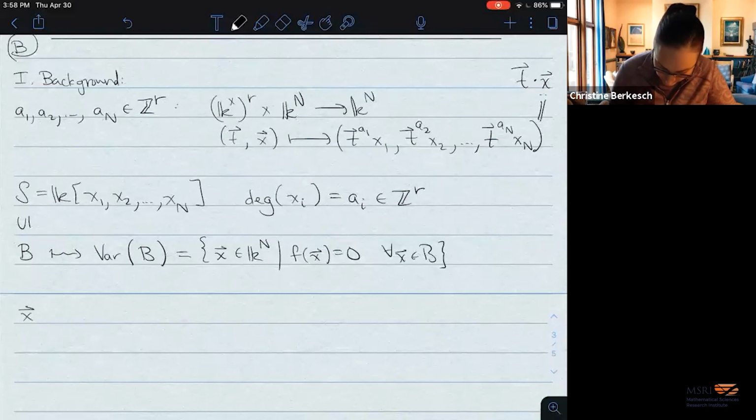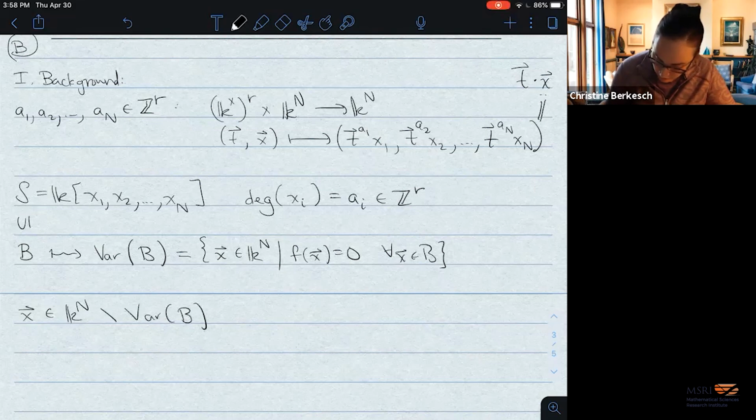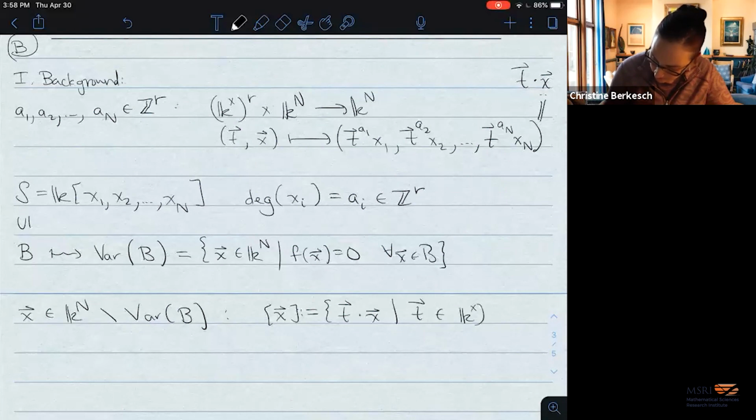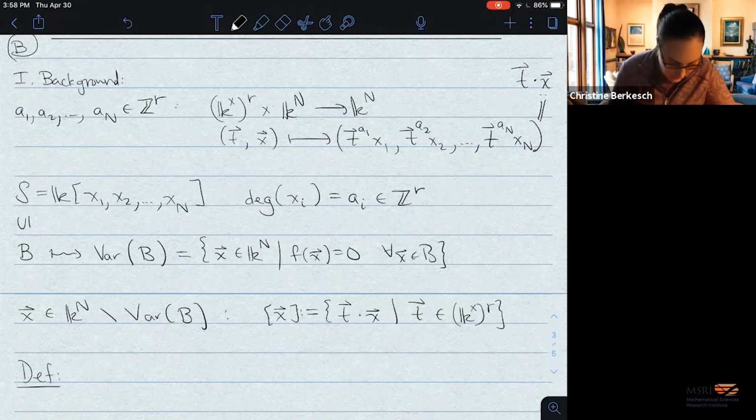But first, let's build the quotient space. So I'll take my k to the capital N, and I'll remove this variety of B. And then for such points, I can look at equivalence classes under this action. And so the varieties that I want to work with are these toric varieties that come to us in this way.